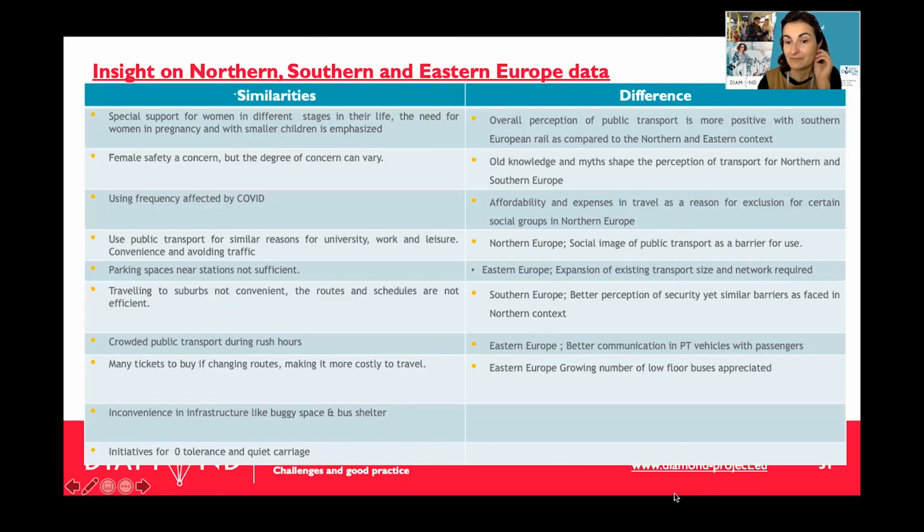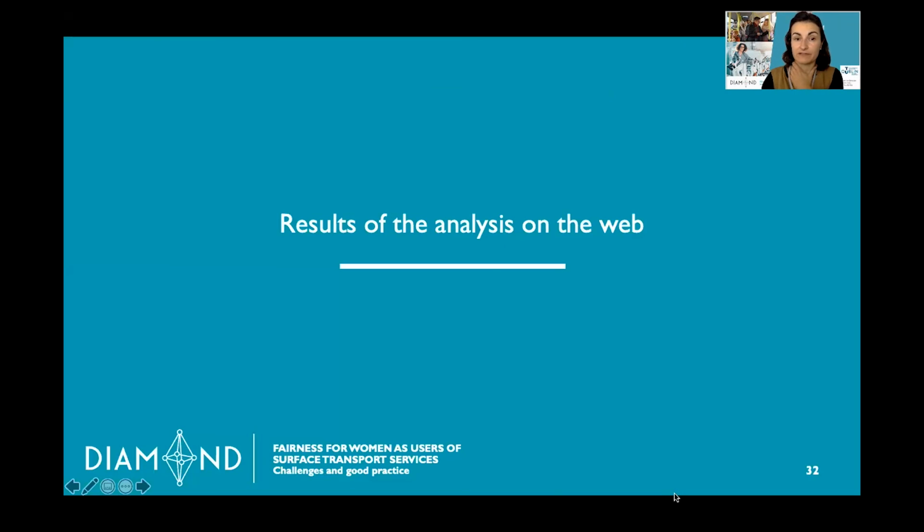For instance, in the Eastern European sample, we found that they asked for better communication, but that wasn't necessarily asked for in the Irish or the Spanish sample. Similarities were, for instance, different types of ticketing options and different types of value for money options in terms of the prices offered for the services.